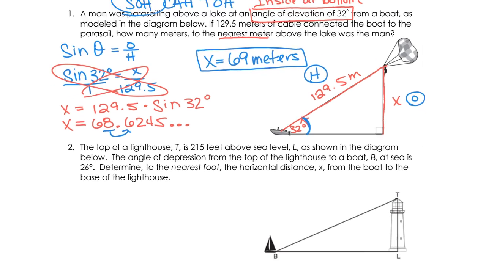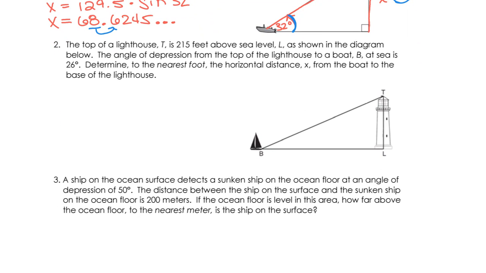All right, number 2. It says the top of a lighthouse, T, is 215 feet above sea level. Above sea level means that's the vertical piece, so that's 215. It is shown in the diagram below. The angle of depression, you have to remember, is at the top and outside the triangle.